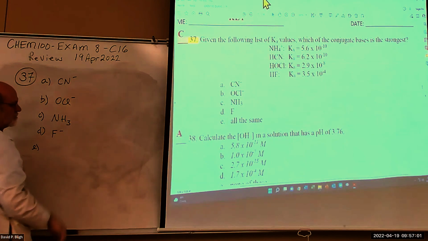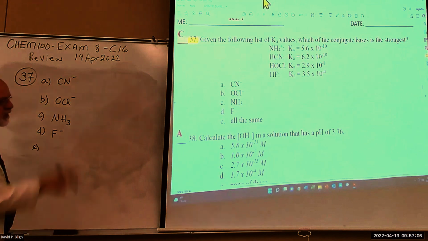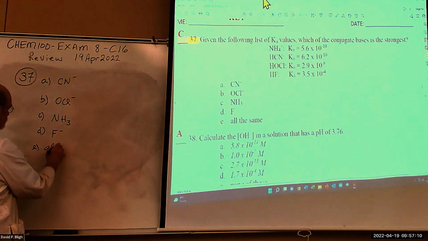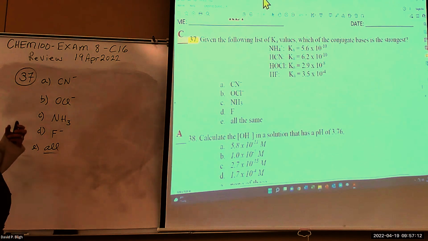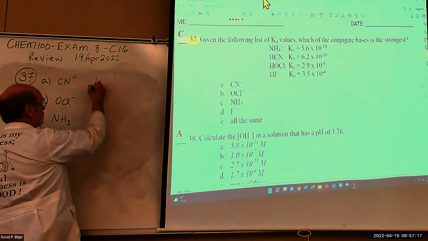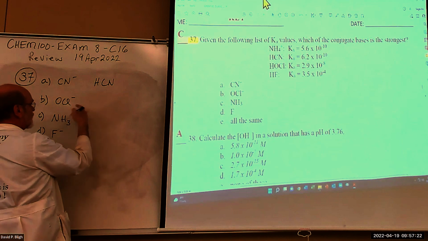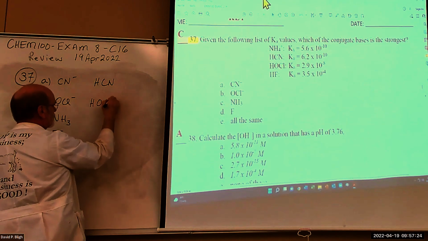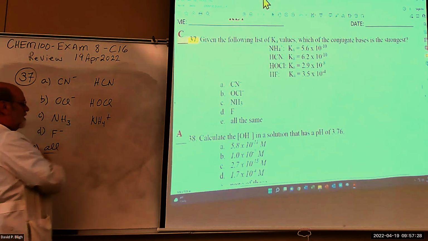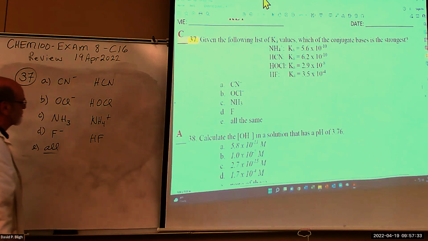And it's missing its negative sign again. I guess something's wrong with the program. Oh, and then all of these. Okay. So where did this one come from? This one came from the weak acid there. This one came from that weak acid. This one came from that weak acid. And this one came from this weak acid.